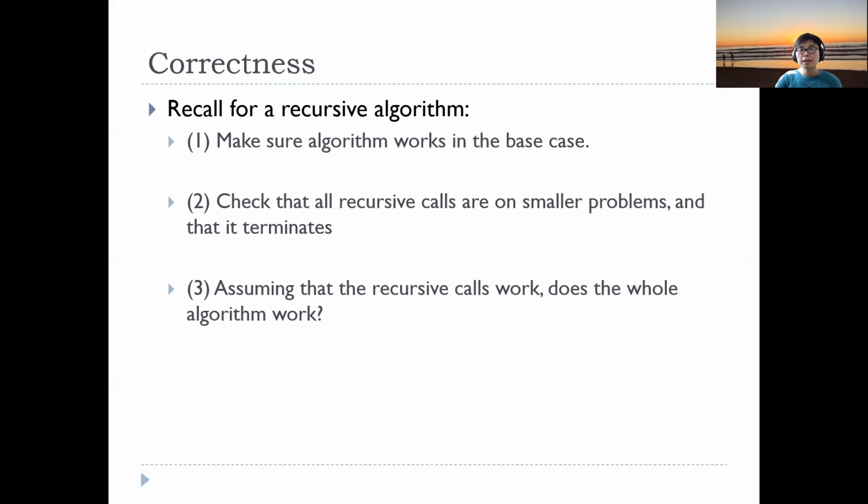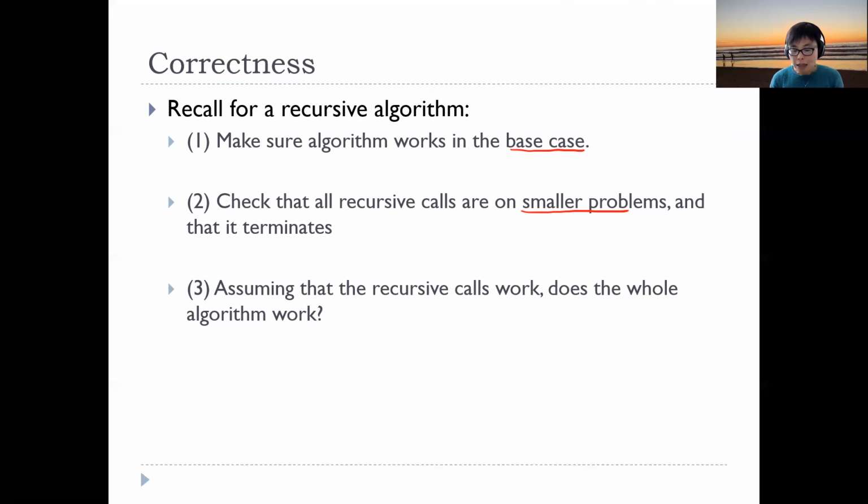Correctness. Now, remember that we've seen this last time. To show that a recursive algorithm is correct, we essentially do 3 steps, following this inductive idea. We make sure the algorithm works for the base case. Then we make sure that the recursive calls are on smaller problems and the algorithm indeed terminates, namely, there are termination conditions, so you don't just keep going on forever.